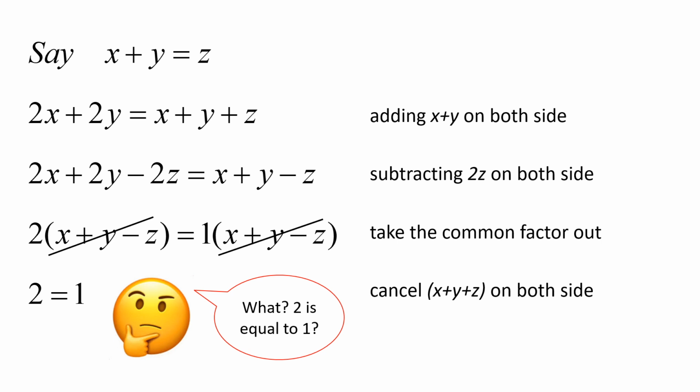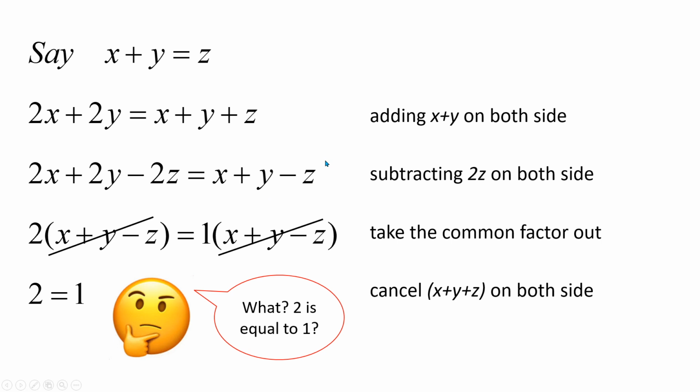So here, as you see, I start by saying let x plus y equal to z, and then I am changing this equation by adding x and y on both sides, and that gives me 2x plus 2y is equal to x plus y plus z. Well, now I subtract 2z on both sides, that gives me 2x plus 2y minus 2z is equal to x plus y minus z.